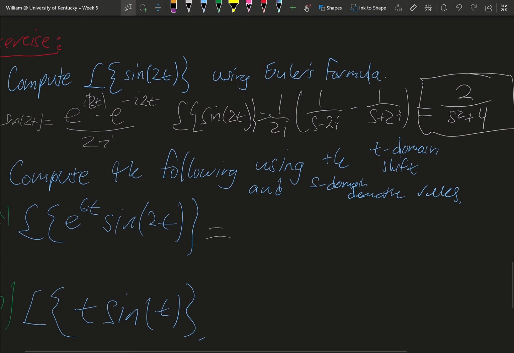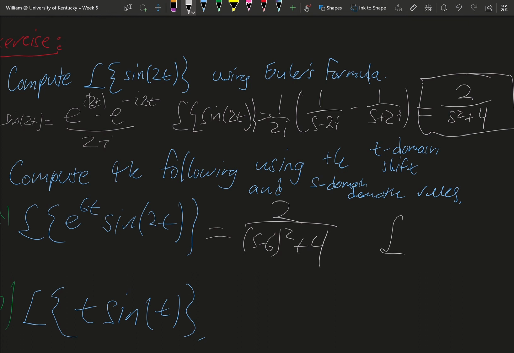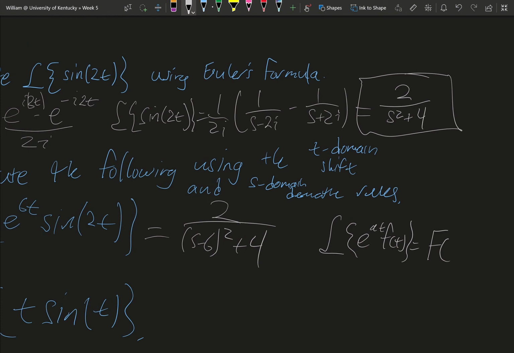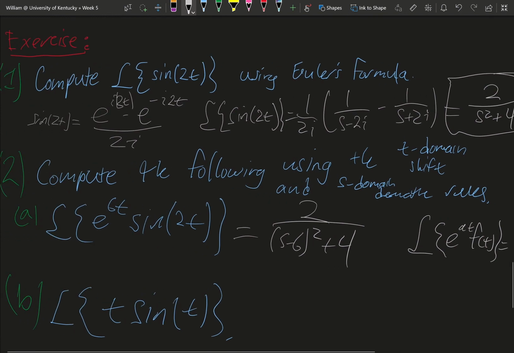We just take that s and replace it with s minus 6, because the shift formula says the Laplace transform of e to the at times f of t is the Laplace transform of f, but replace s with s minus a.